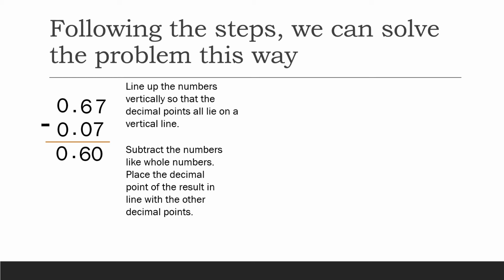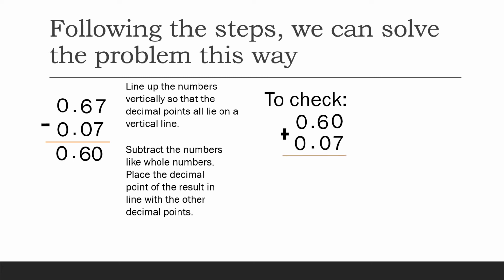Okay? So, to check sa ating sagot kung tama, paano ba tayo nag-check? Yung ating difference, yung ating sagot, plus yung ating subtrahend, i-add lang natin yan. Then, add like a whole number. Kung paano tayo nag-add sa whole number, ganun lang din naman ang decimal numbers.